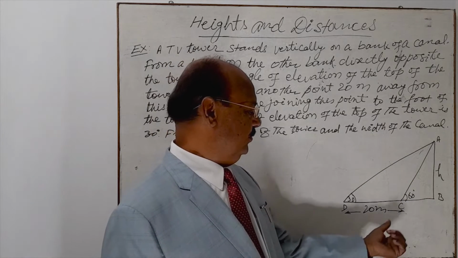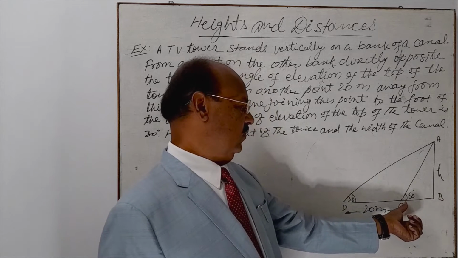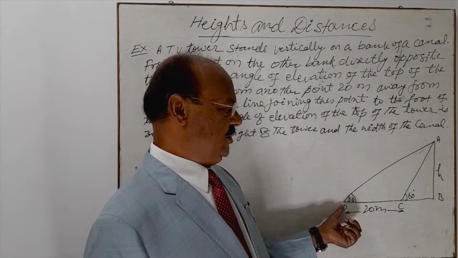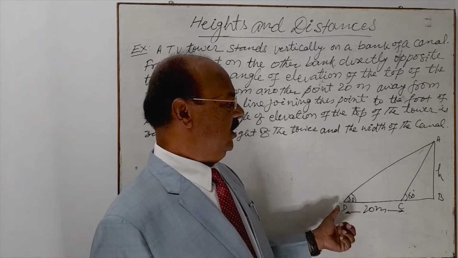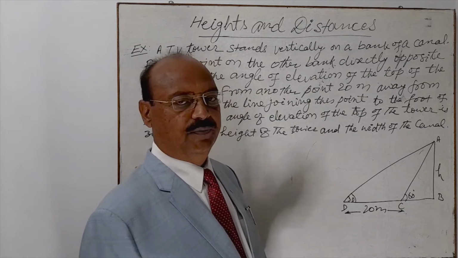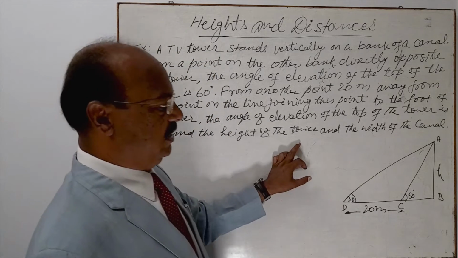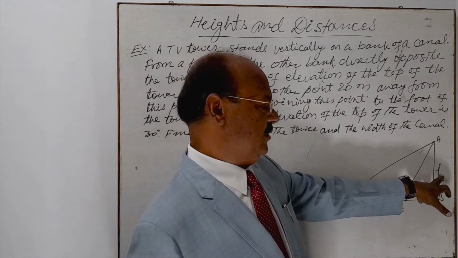And when we move 20 meter away along this line BC, the point D is there, 20 meter away from C, the angle of elevation of the top of the tower becomes 30 degree. So here we have to find the height of the tower AB, which we have supposed H.